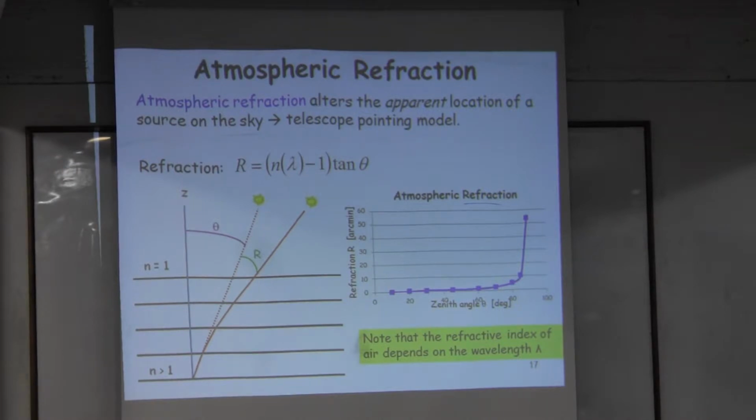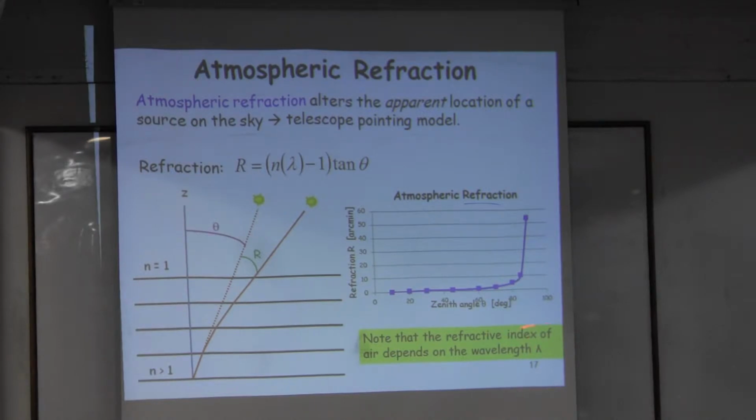So you tell your telescope computer, okay, I go to 60 degrees zenith distance, and it knows that actually I have to go to whatever, 61 or so in order to make it. Okay? So this is the atmospheric refraction. It's a large effect, but it's easy to take out.